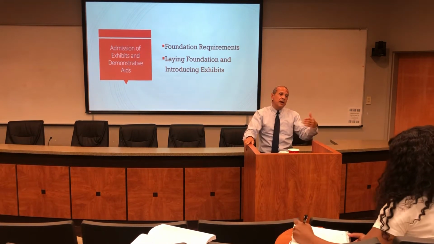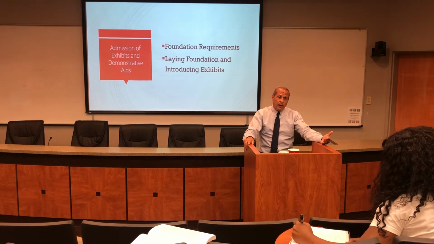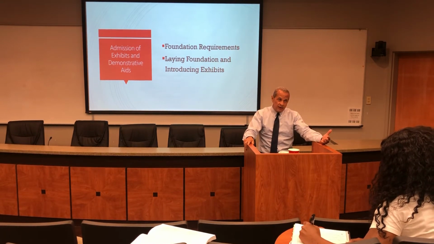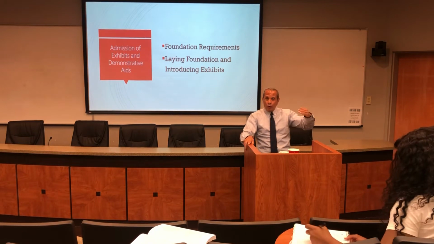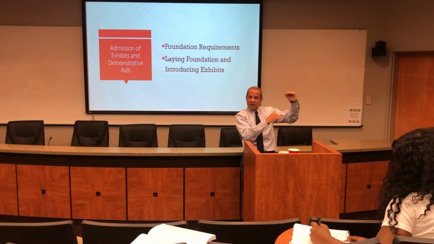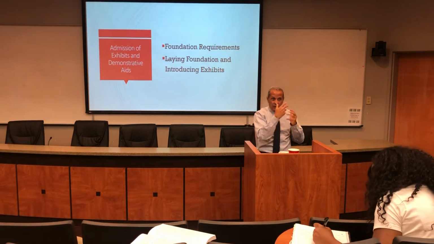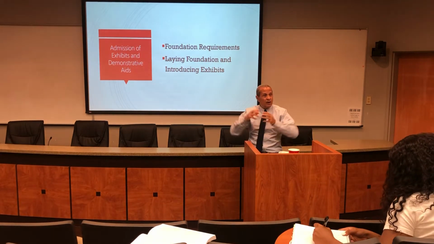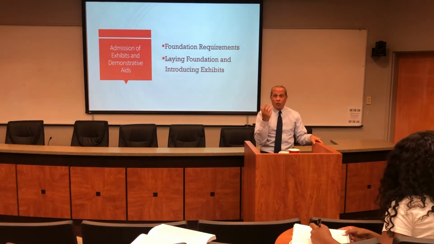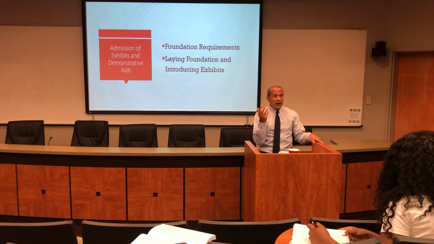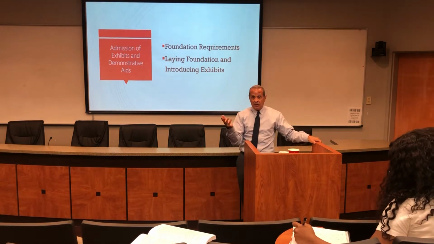It can sometimes be fairly technical, depending upon the type of evidence in particular, and the federal rule that is tied to the admissibility of that evidence. And oftentimes you have to track as much as possible the language of the federal rule that is implicated in order to lay the proper foundation.